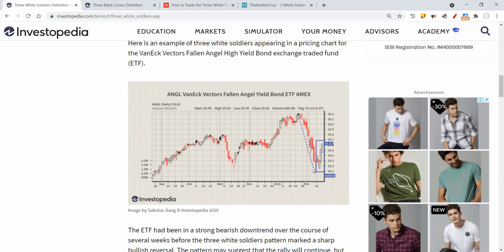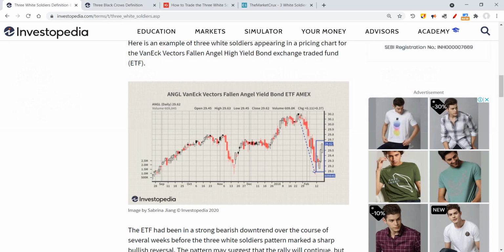So whenever there is a pullback in a particular stock, you will find that there is this reversal pattern which basically comes with three strong green candles. And in most cases you will be able to identify a support area underneath these candlesticks, which basically forms at a past proven support area.